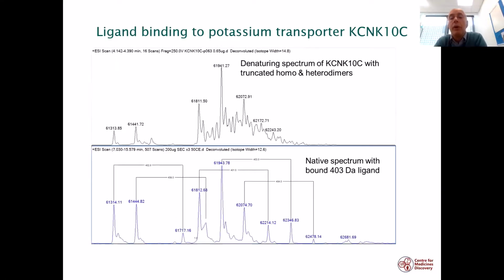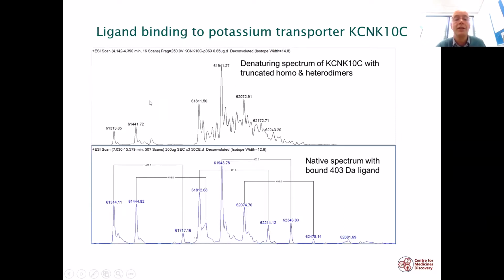Here's another example of binding to a membrane protein. So KCNK10 is a covalent dimer. It has this rather complicated spectra because there are truncations from the homo and the heterodimer. So effectively, you have 5 peaks representing this dimer.